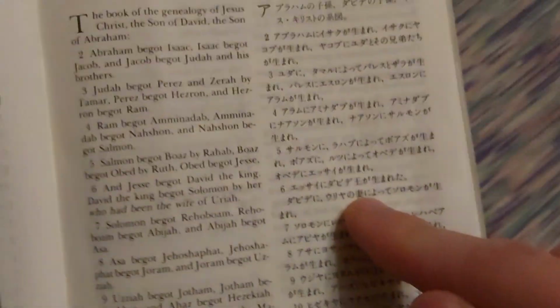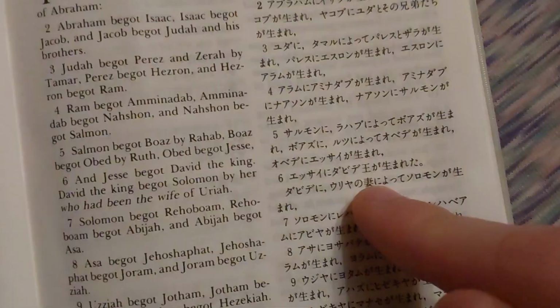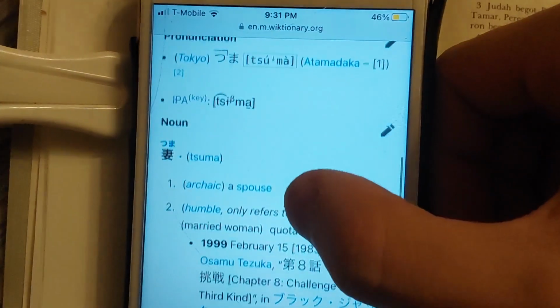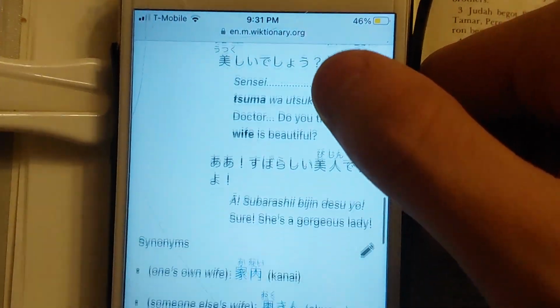So I am looking the character up. So this is the word. This is the character for wife. I'm trying to hold it in a way that makes it look more clear. And here it is, as you can see.